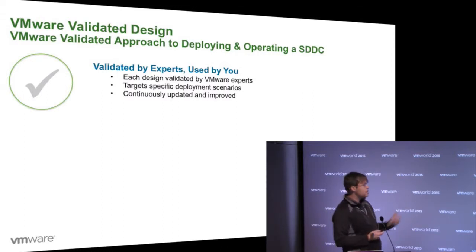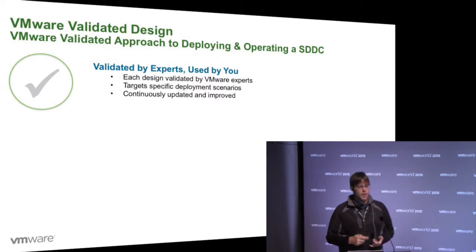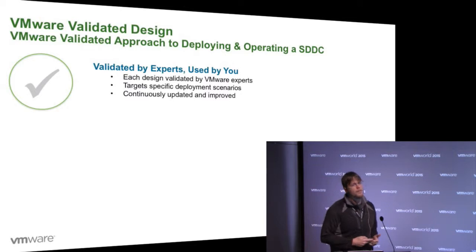Some of the key pieces of the VMware validated designs, as you'll see, are vCenter Server 6.0, vSphere 6.0, Virtual SAN 6.1, vRealize Automation 6.2, vRealize Operations, Log Insight, as well as NSX. These are all part of the VMware Validated Design framework today. So they're developed and validated by our experts, and they're used by you.